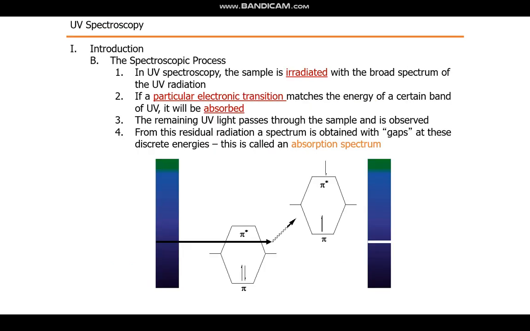The spectroscopic process, for example, here we have an example of electron transitions from pi bonding molecular orbital to pi star antibonding molecular orbital. Whenever an electron jumps from pi to pi star, we have a whole range of radiations here incident upon the molecule, but only the energy difference between pi and pi star will be picked up by the molecules, which will not appear in the output radiations, or its intensity will be decreased in the output radiations.